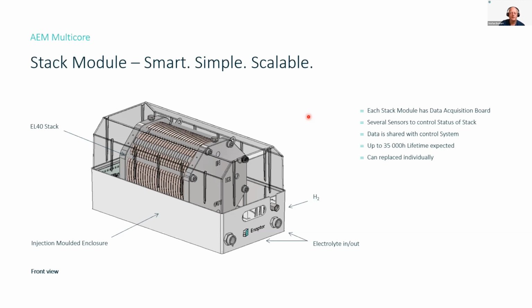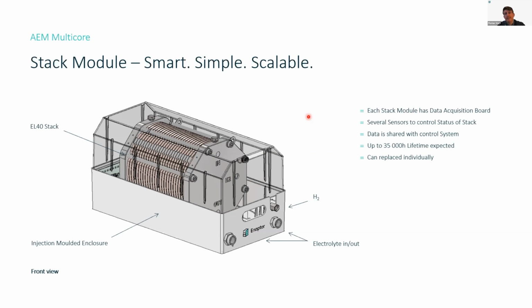Agree. Okay, another one is in case of a failure in the multicore itself. Can you exchange the stack in case they are not working properly? Can you exchange one, or many, or do you have to exchange them all at a time?